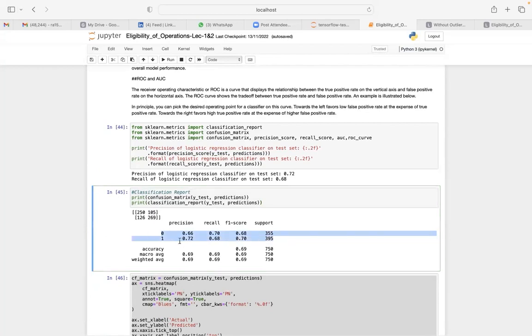In this data, it is predicting the ones better in terms of recall, and less so in terms of precision. So 0.70 for all the false cases and 0.68 for all the true cases.